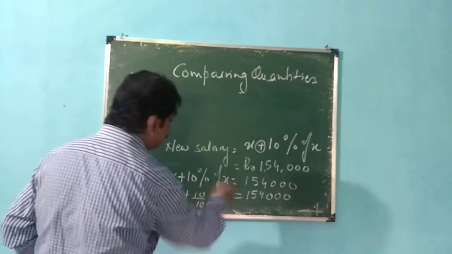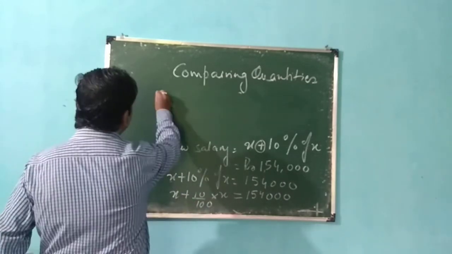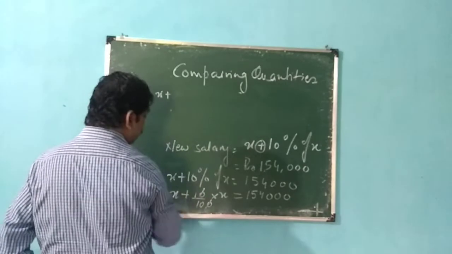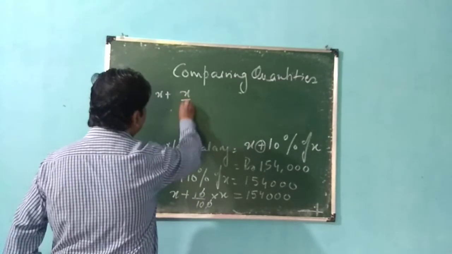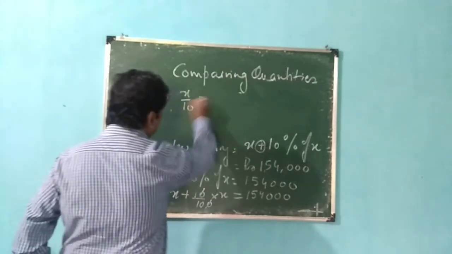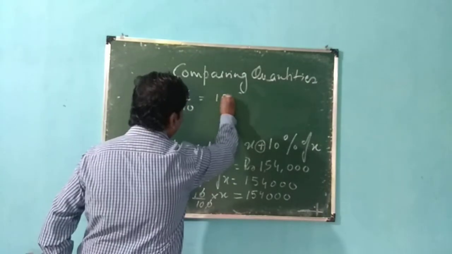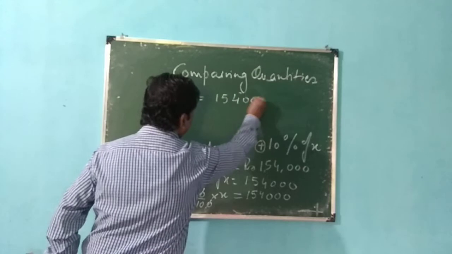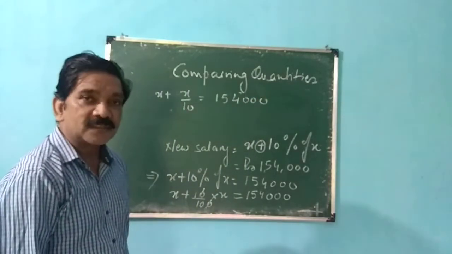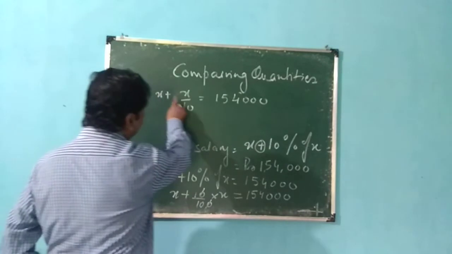Now see here, how to do this. This is x plus 10x by 100, the zeros cancel. You will get x by 10 because 1 into x is x, which is equal to 1,54,000. Now we will remove this 10. How to remove this 10? Multiply by 10.